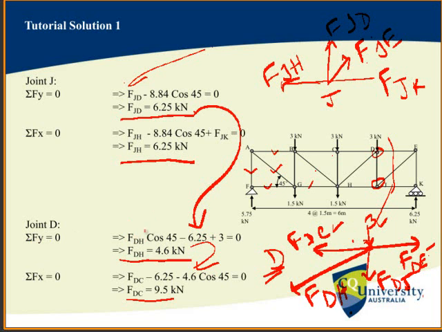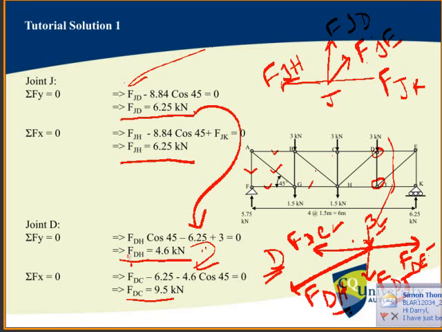In case of vertical forces, you have to consider this 3 kilonewton, FDJ and FDH. We put the value FDH cos 45 because we will consider only the vertical component of FDH. So after putting this value, and we already have the value of FDJ, just put the value in this equation and you will get the value of FDH.